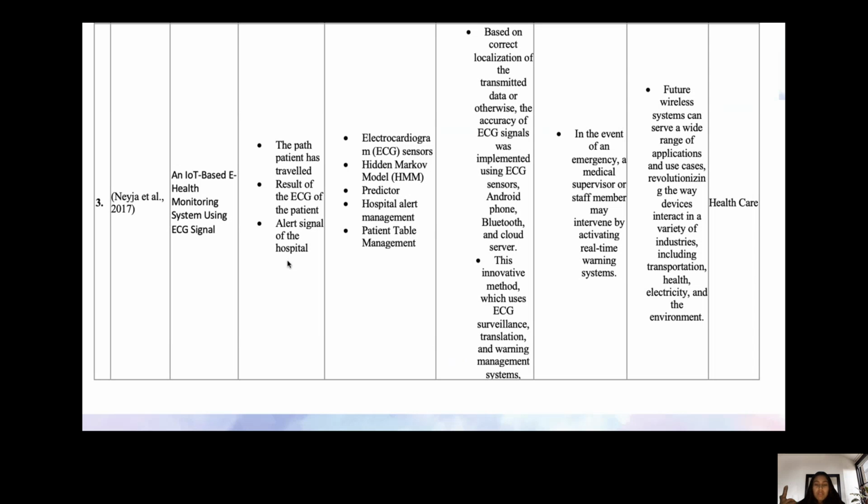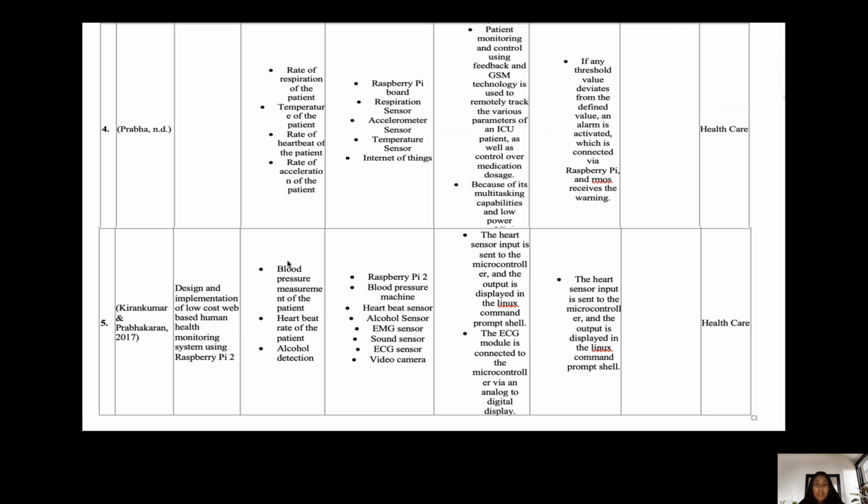Then we have discussed cloud server, Bluetooth, ECG sensors, Android phone, then an innovative method which uses ECG surveillance, translation, and warning management systems. Then we have patient monitoring and control using feedback and GSM to remotely track the various parameters of an ICU patient. Then we have ECG modules.